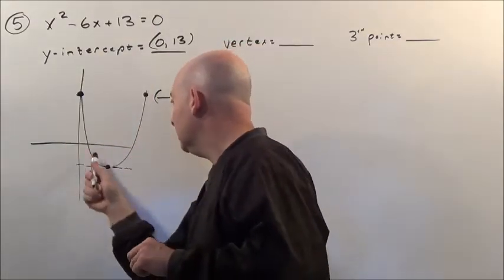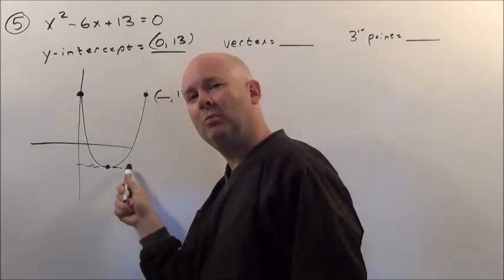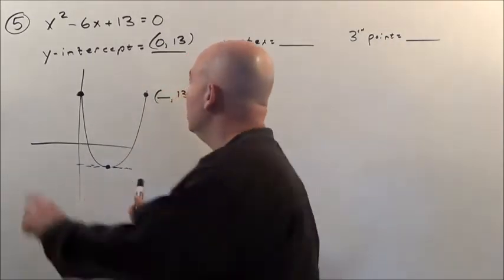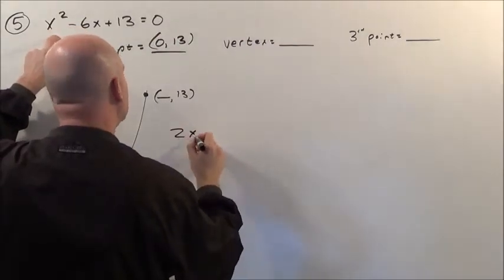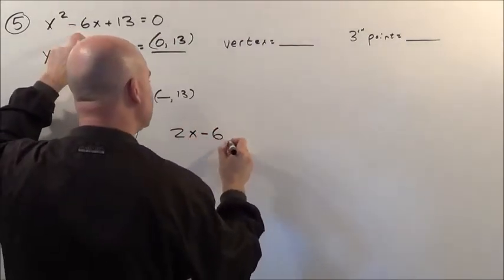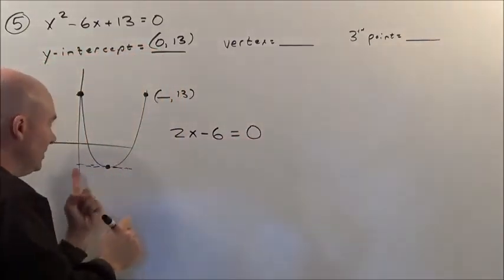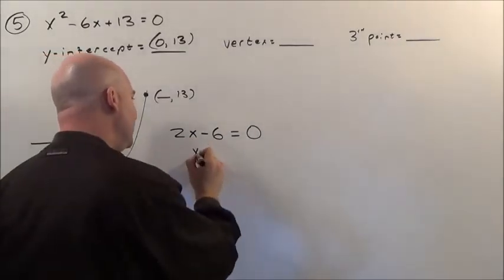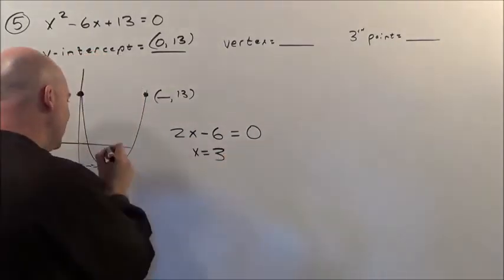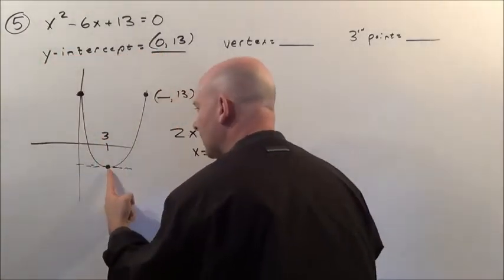I want to know when that slope comes out to be 0. So if I take the derivative, that's 2x minus 6. And I want that derivative to be 0. Looking at this quickly, you can move 6 over, and you can see it's going to happen when x is 3.